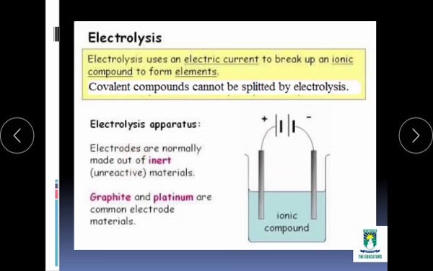Students, keep in mind that inert means unreactive. Graphite and platinum are commonly used electrodes. Always remember that the positively charged electrode is called anode and the negatively charged electrode is called cathode. This is the apparatus for electrolysis. Both these positively charged and negatively charged electrodes are used in electrolysis.